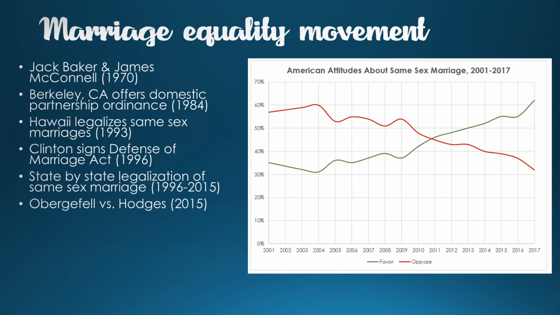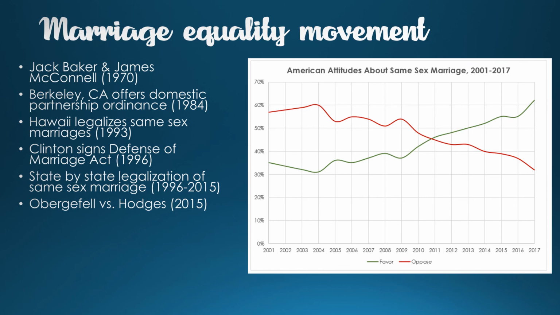It dates back in some ways to the early 1900s, but as a movement, it really gained traction in the 1970s with the Baker-McConnell case. Jack Baker and James McConnell were students who wanted to get married, and the court said no, you can't. So they fought it and were denied over and over again.